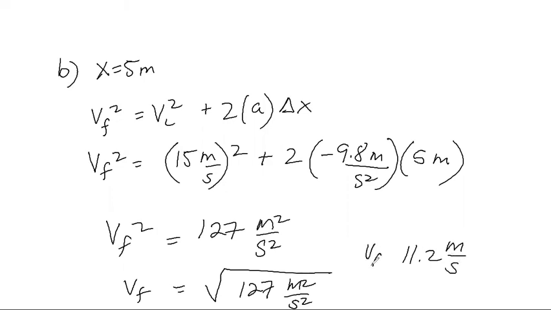So that's what V is at the position 5 meters. You started at 0, going 15 meters per second. When it's gone 5 meters above your initial position, it's slowed down to 11.2 meters per second.